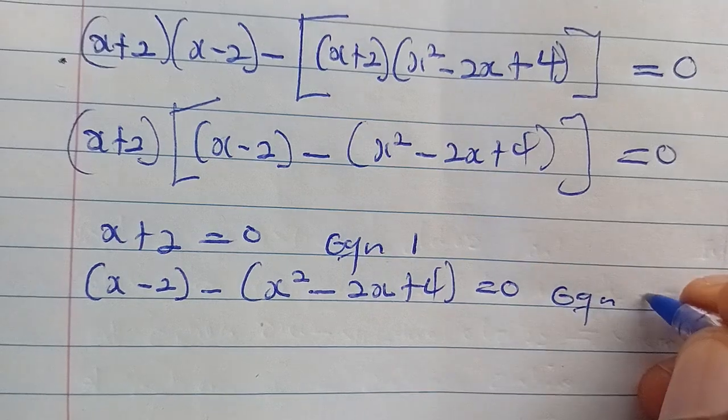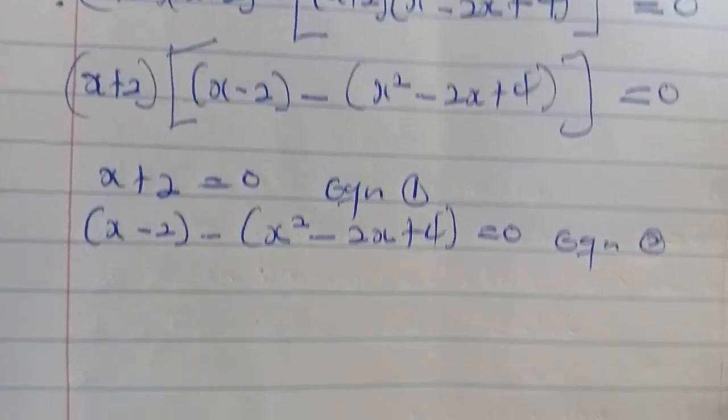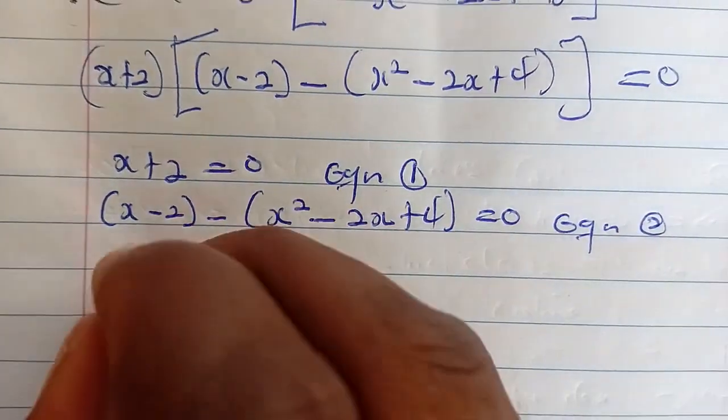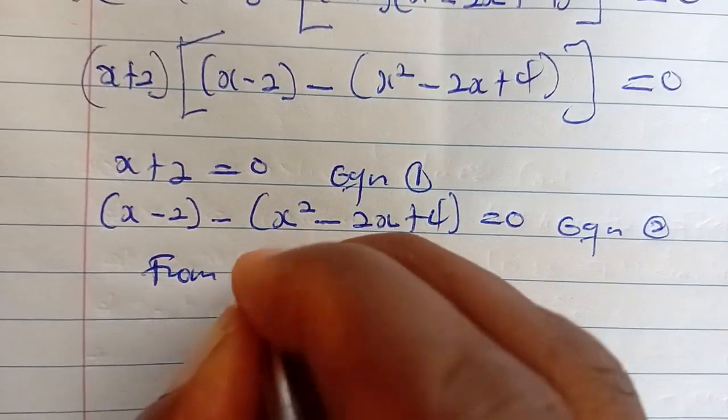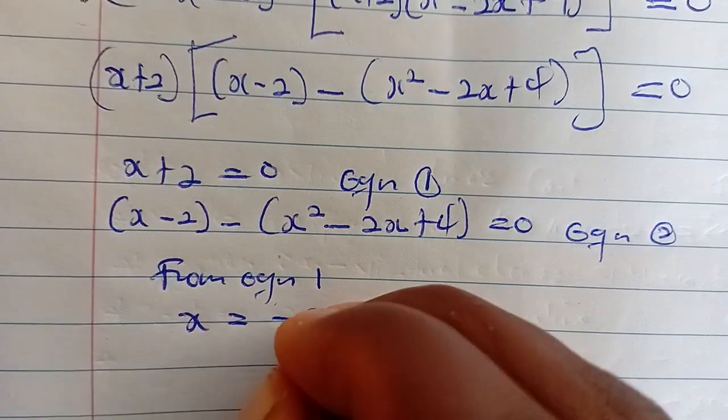Let's call this equation 2. So we have equation 1 and then equation 2. Now from equation 1, we can say s is equal to minus 2.